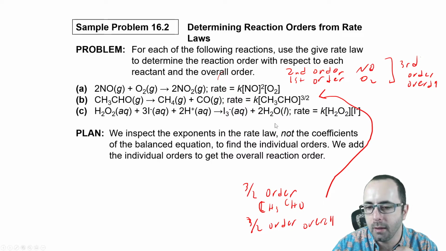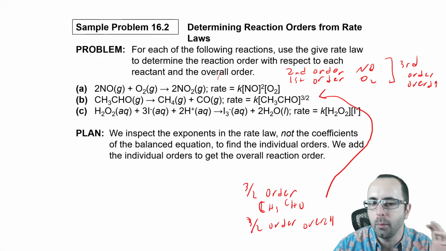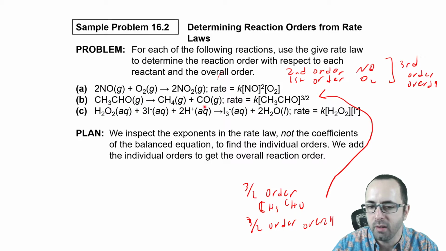And depending on the mechanism, the orders can be fractional. The reason why we can't know the orders from the balanced equation is because more is happening here than is what is just written here. Molecules maybe sometimes are performing this reaction in multiple steps.